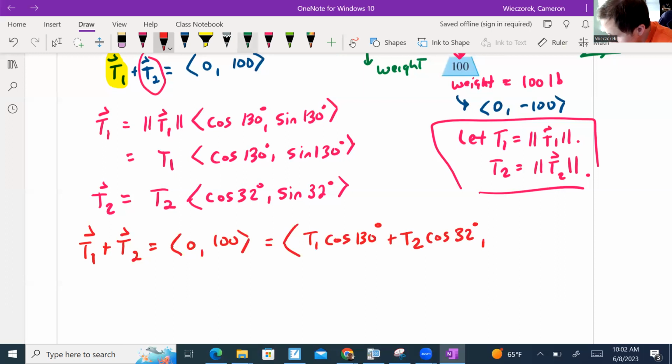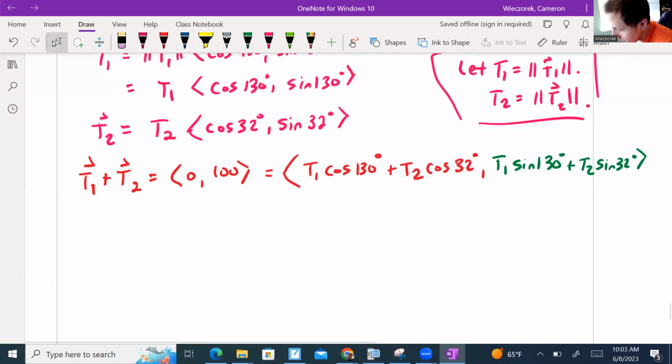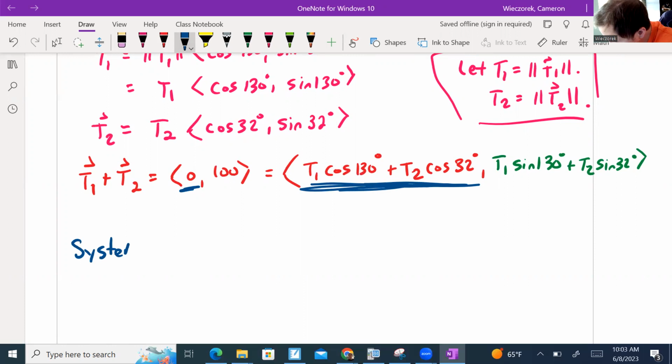And then for the y components, T1 sine 130 plus T2 sine of 32. And then I'm going to equate the components together. Make sure I got all my pieces here. T1, there we go. So this first component has to equal 0. What I'm really going to end up with is a system of equations that I have to solve.